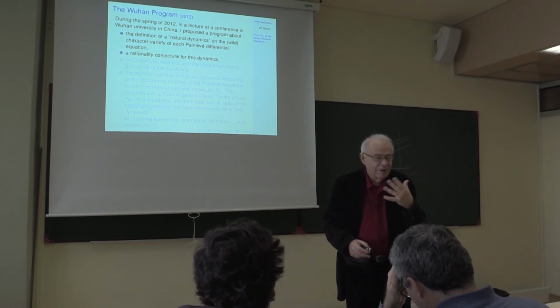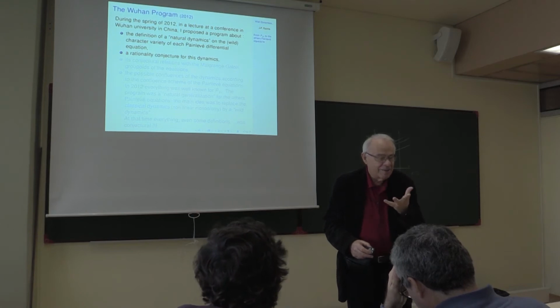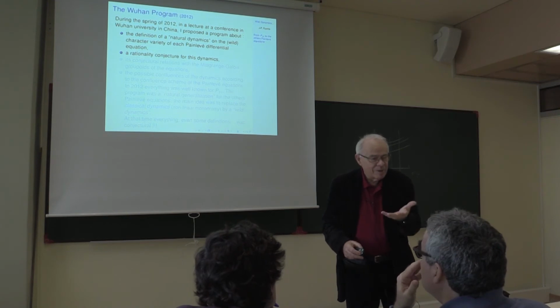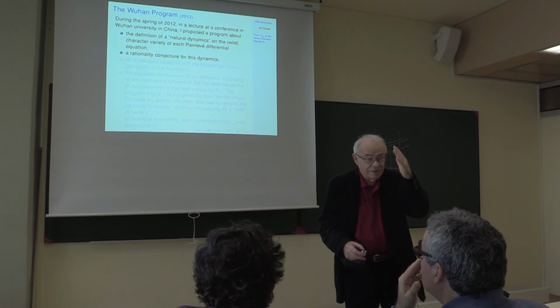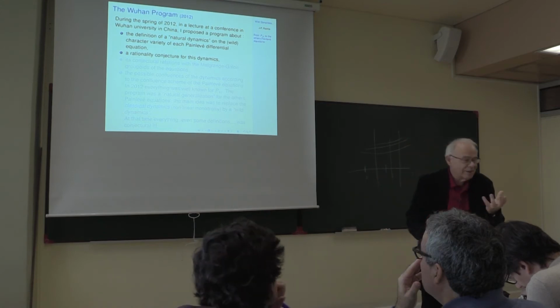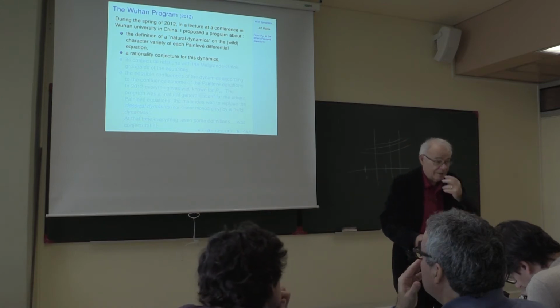I recall what a wild character variety is. You replace ordinary representation by wild representation, that is adding Stokes multipliers and things like that. And then you get a new cubic for each equation. And now the problem is to define a natural dynamic on this new cubic.